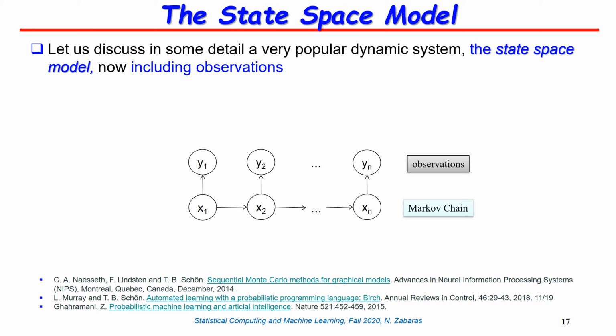And again, I don't want to elaborate too much because that is another subject area. But let me just say, we already have seen that x2 depends on x1, so you can guess that the direction of the arrow defines these dependencies. And similarly here, you can see this arrow pointing upwards from x1 to y1. It implies that y1 depends only on x1. Similarly, y2 depends only on x2, etc., etc.